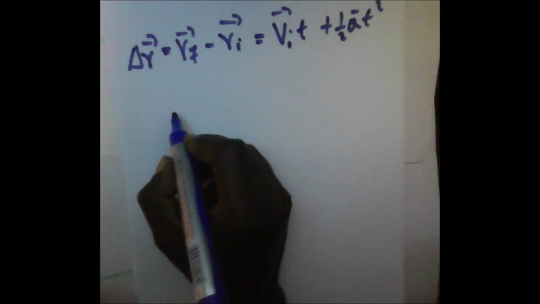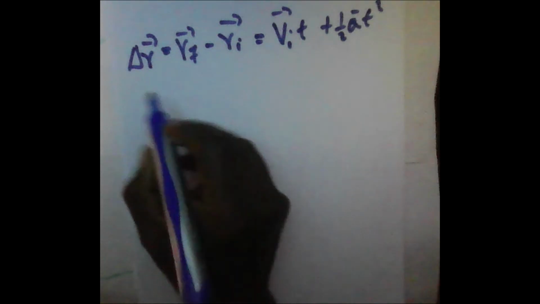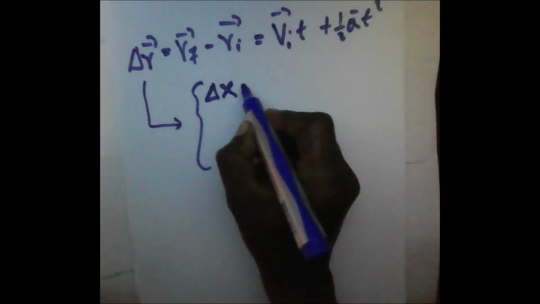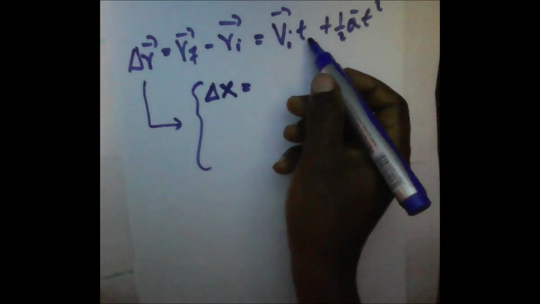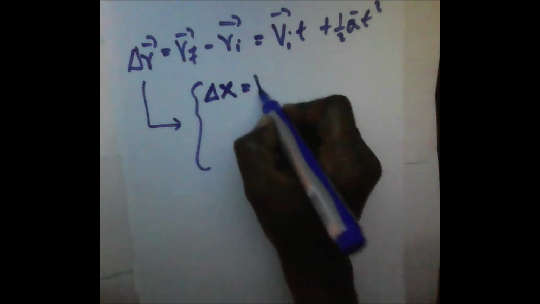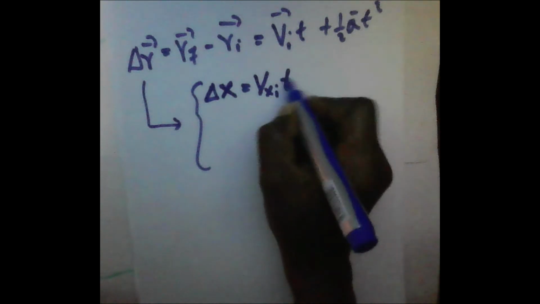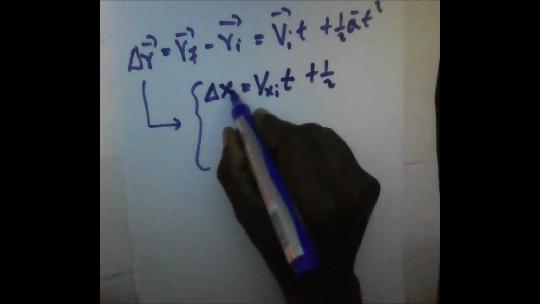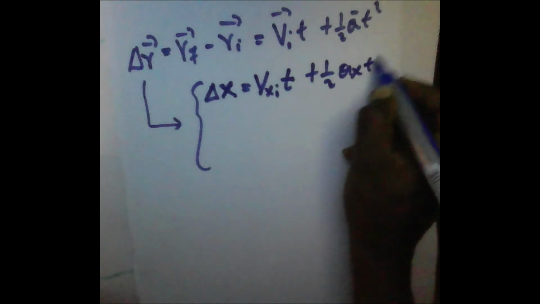Now let's look at the components for this in x, y, and z. Let's start from x. Change in x is equal to vx initial multiplied by t plus half times the acceleration ax t square.